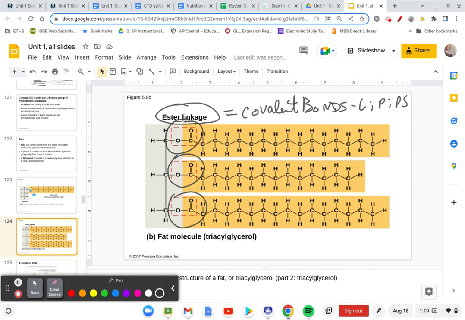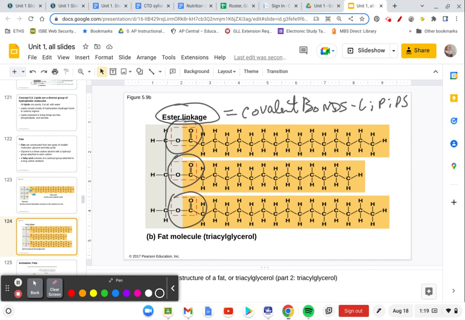So if I said scientists found a different macromolecule consisting of three long chains of hydrocarbons, and those chains were each bound to a glycerol by way of an ester linkage, you would know that that was a fat molecule.